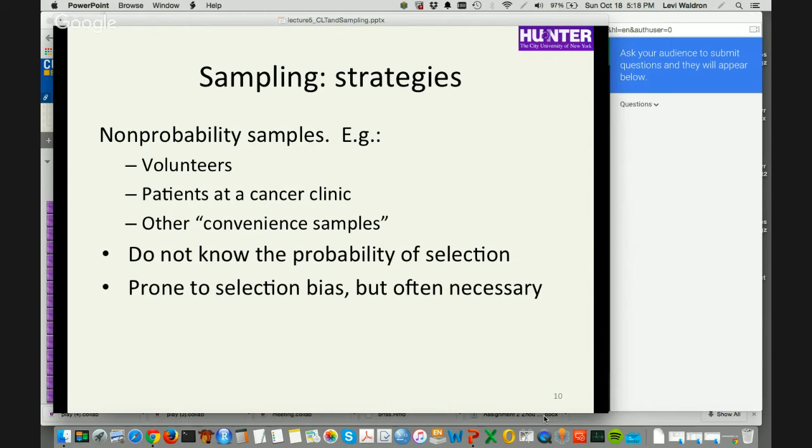Or patients at a cancer clinic, that's whoever happens to come into that clinic. And these are often called convenience samples because the researcher is not in control of who the participants are or what their probability of selection is. And these are prone to selection bias. But they're still not uncommon because there are situations where there is no other way to do it.